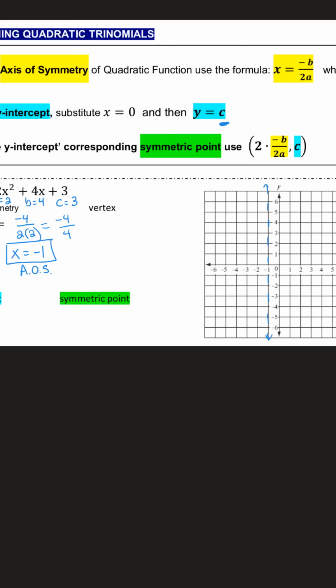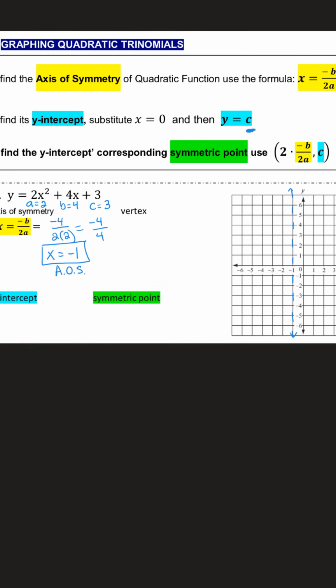Okay, so then for my vertex, I'm going to take my function, and instead of x, I'm going to write negative 1. So I get y equals 2 times, I'm going to put negative 1 in the parentheses, plus 4 times negative 1 inside the parentheses, plus 3. Trying to stick with my colors.